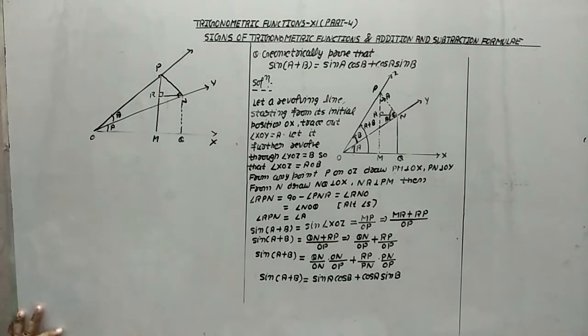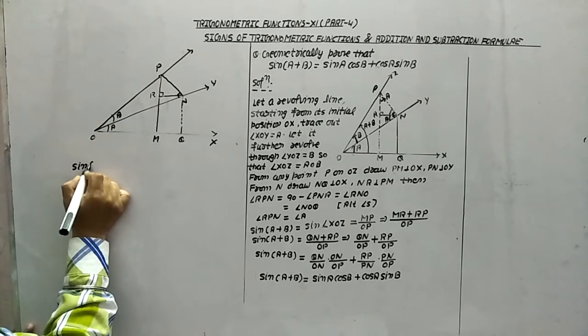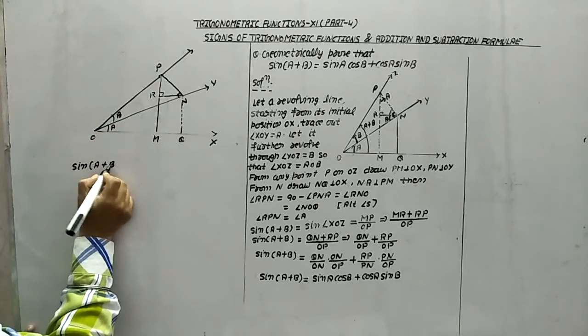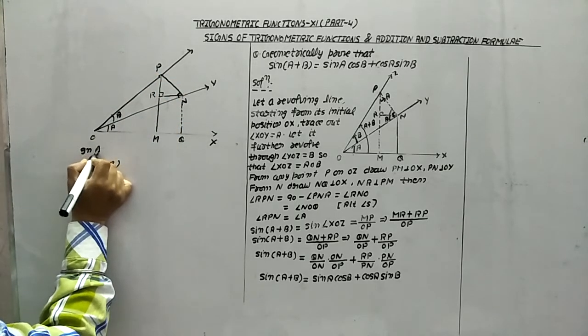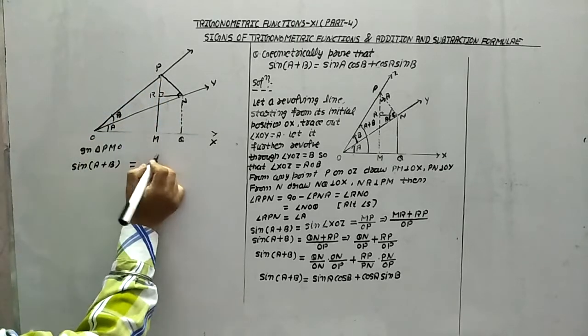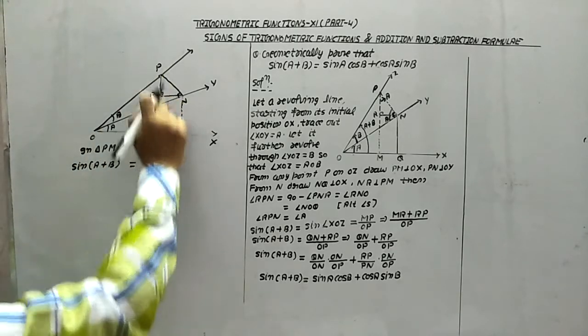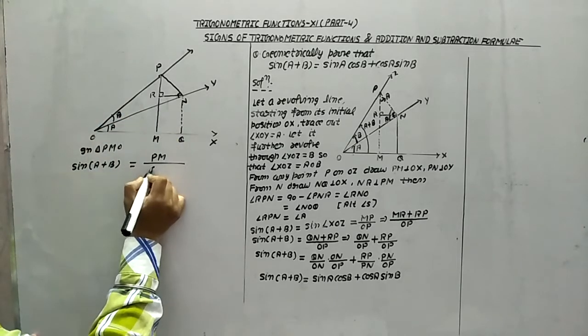Now we have to find sine of A plus B. It means sine A plus B is equal to, how will we calculate? In the triangle PMO, sine A plus B, how will it come? Perpendicular, it means PM upon OP.